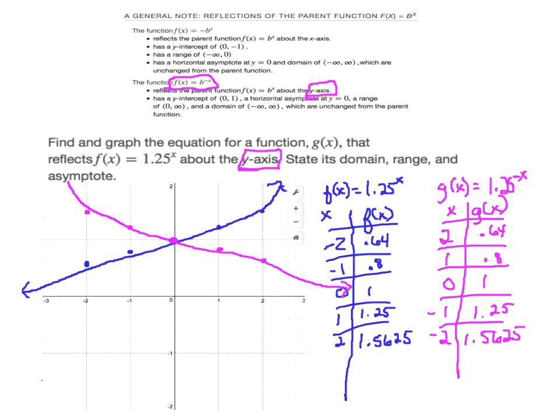We have not translated vertically, so the horizontal asymptote is still the y-axis. I'm sorry, the x-axis, which is y = 0. We have a domain of -infinity to +infinity, and a range that hasn't changed from 0 through positive infinity.